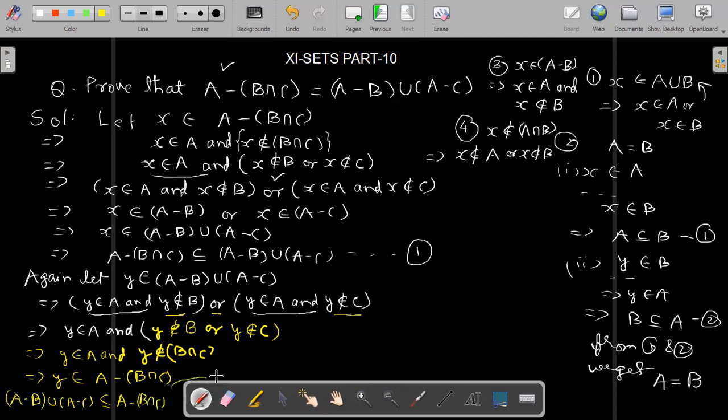This is our equation number 2. So from first and second, we get A minus (B intersection C) is equal to (A minus B) union (A minus C).